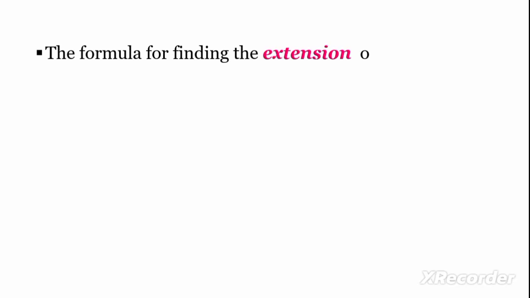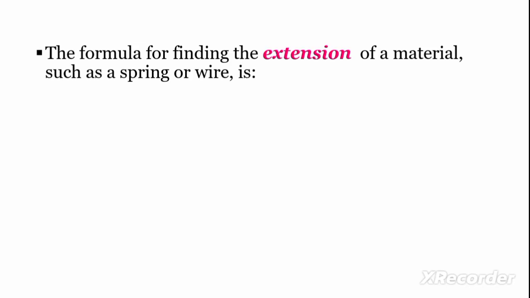So to answer this question, the formula for finding the extension of a material such as a spring or wire is extension is equal to length minus the original length.